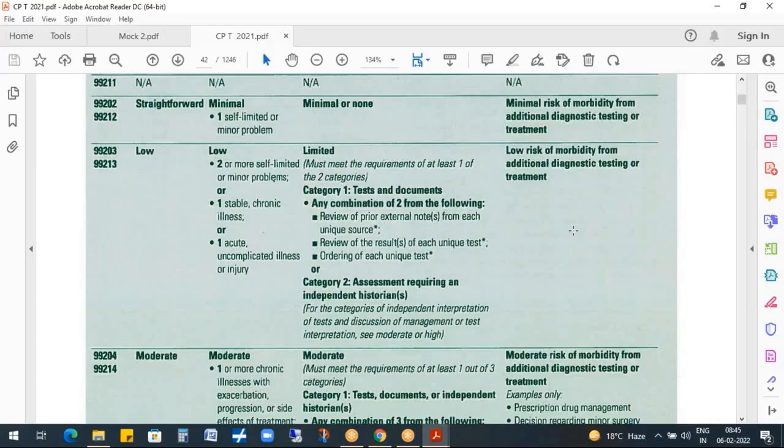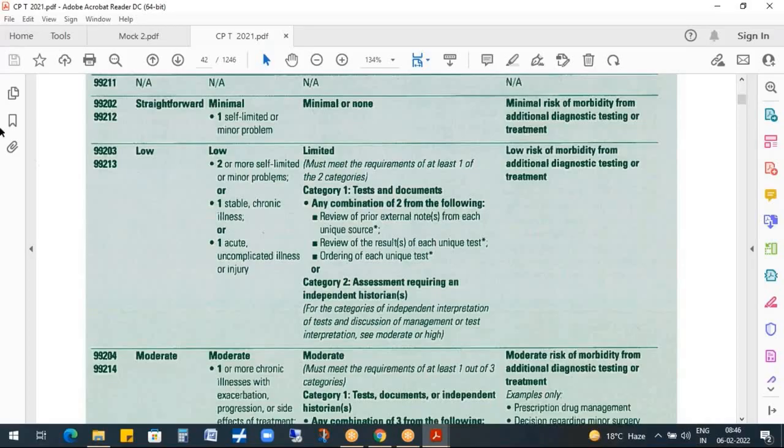Under low management you can write down physical therapy, occupational therapy, and OTC drugs, that means over the counter drugs, without prescription. These come under low level.